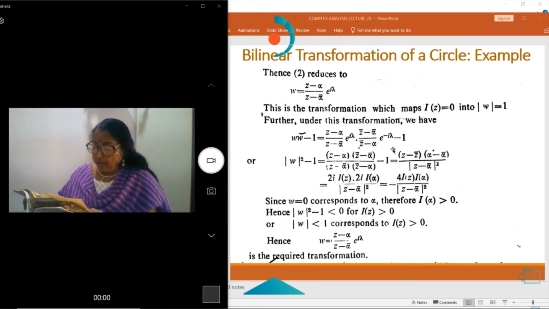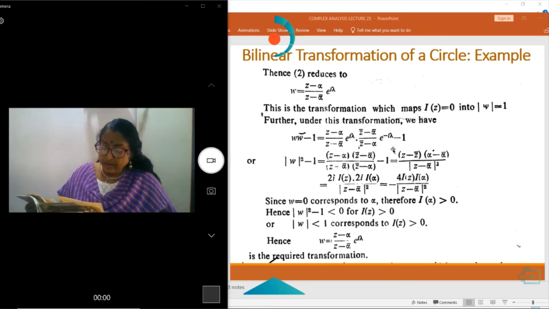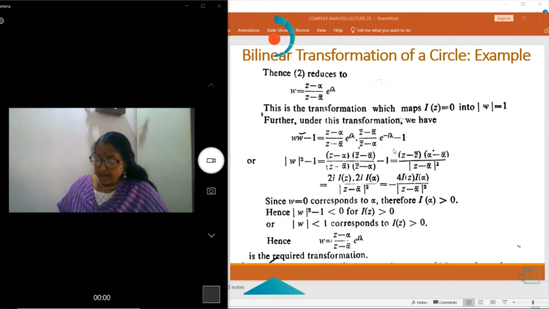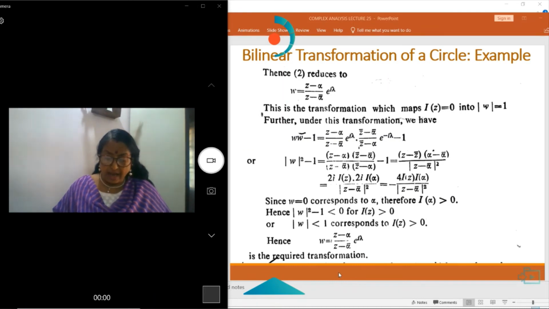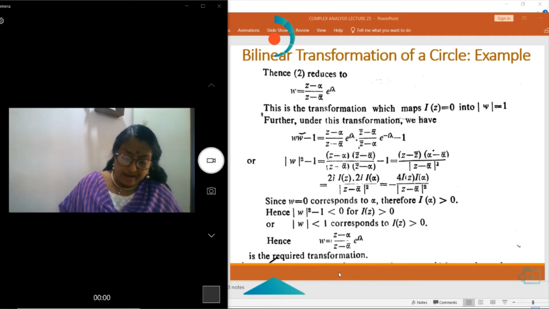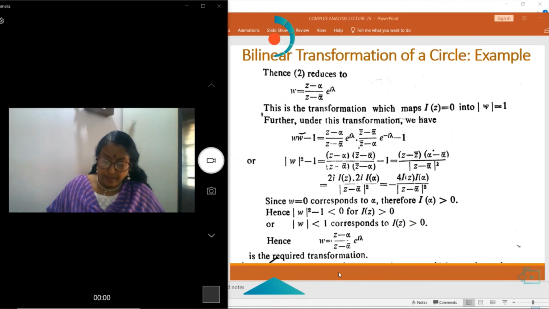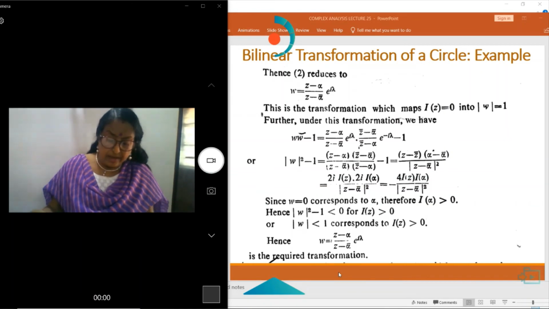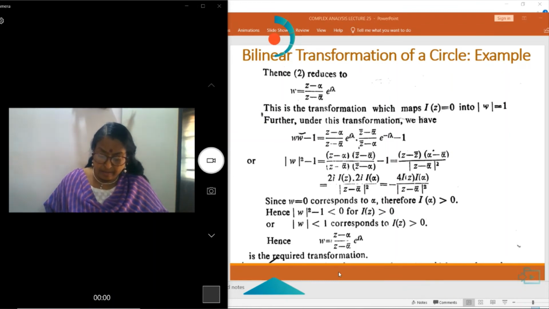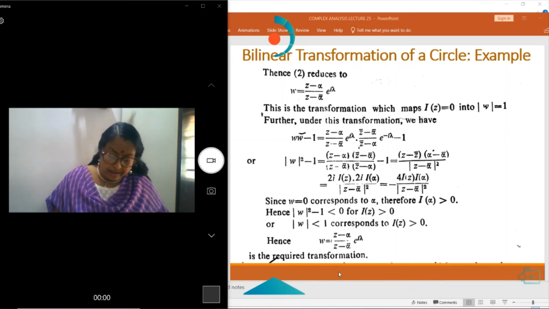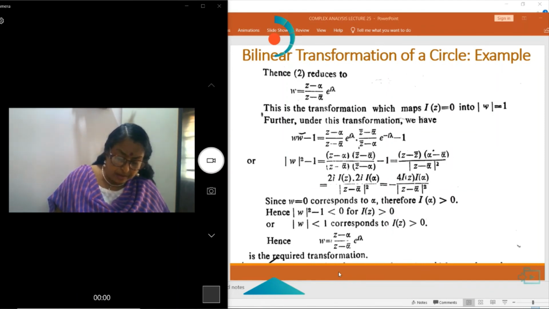We get 2 into 2, that is 4, real Z into imaginary alpha, divided by the denominator, where I alpha is the imaginary part of alpha, capital I Z the imaginary part of Z, and R Z the real part of Z. Since W equal to 0 corresponds to alpha, therefore I alpha is greater than 0.